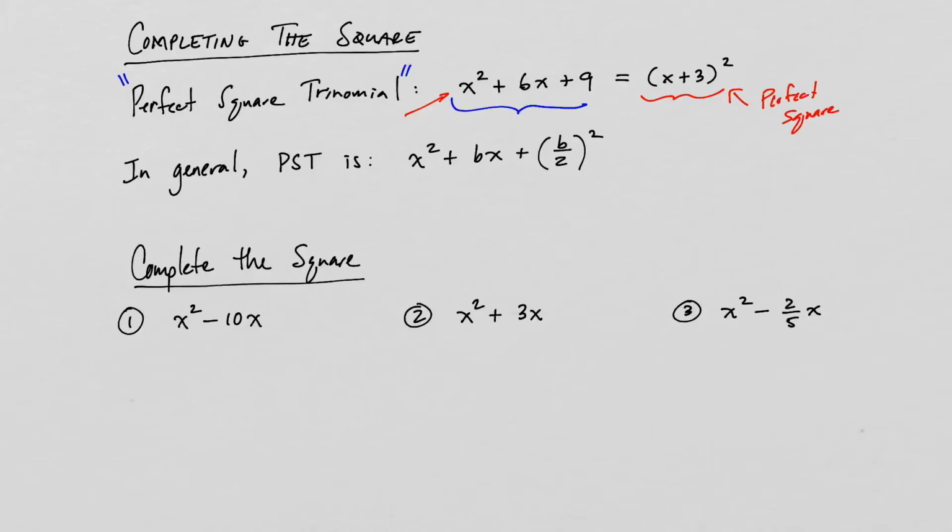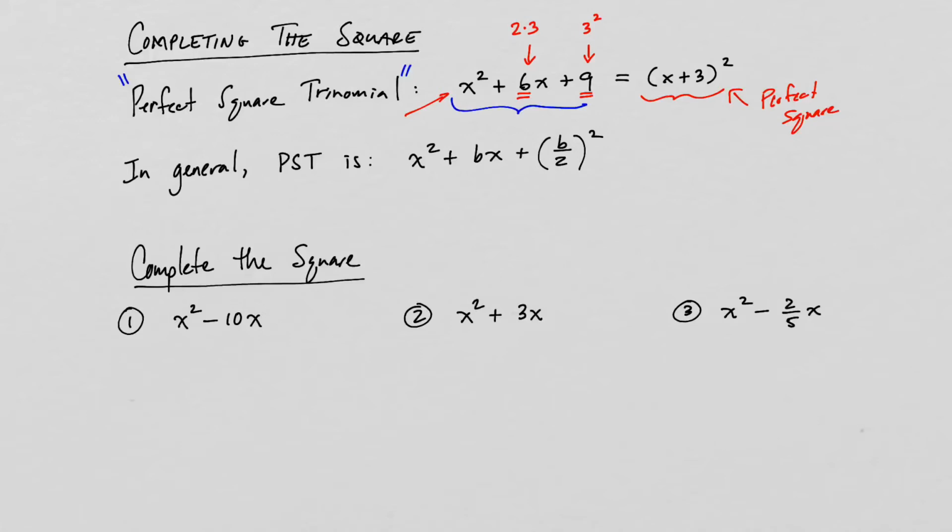Now, when you have a perfect square trinomial, there is always going to be a relationship between these two numbers. The relationship is 6 is 2 times 3, and 9 is 3 to the second power.